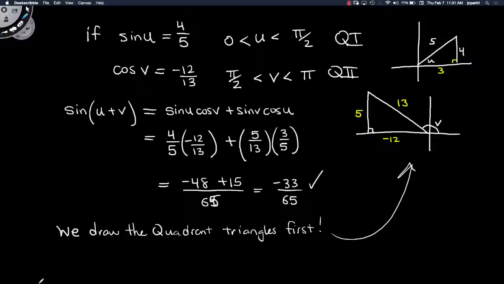Okay? So the answer to it is just -33 over 65. Correct. That's it. That's the answer. What do you draw first? The quadrant triangles. Alright?